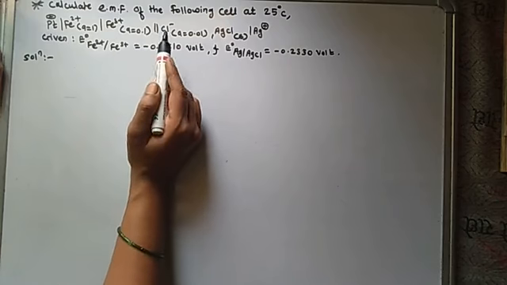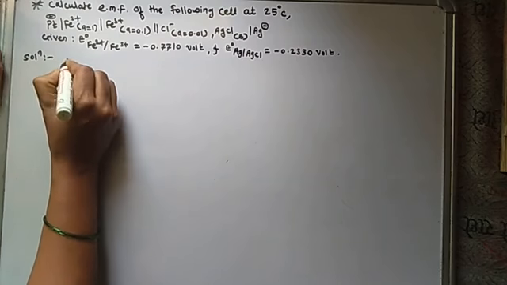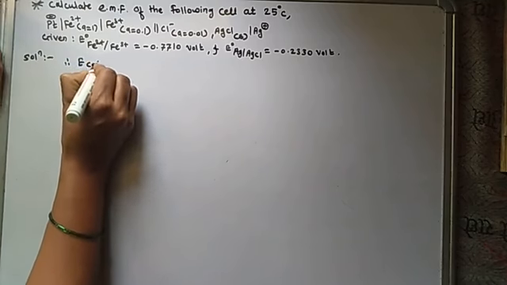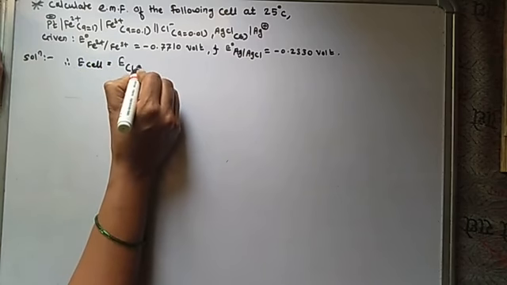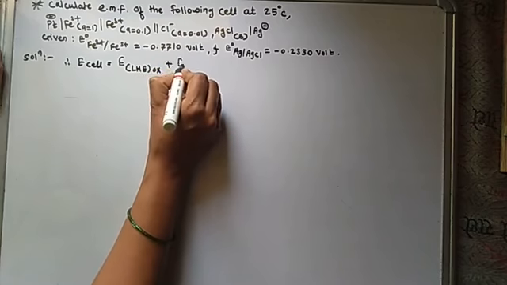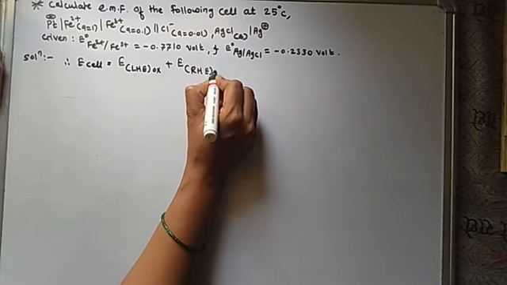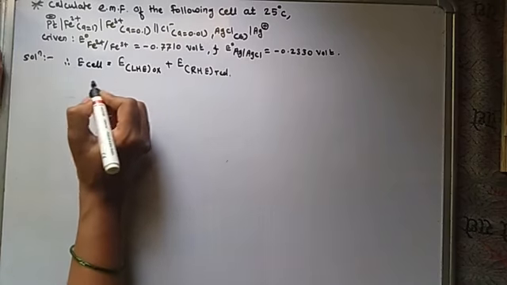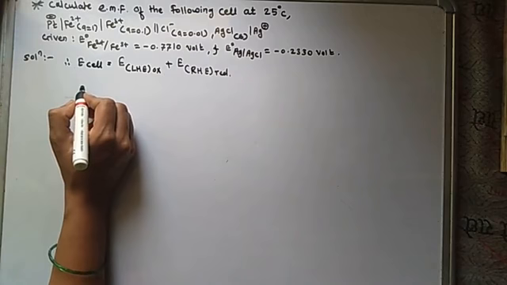Therefore we know that by using the salt bridge, E cell is equal to E of left hand electrode oxidation plus E of right hand electrode reduction, by using the Nernst equation.